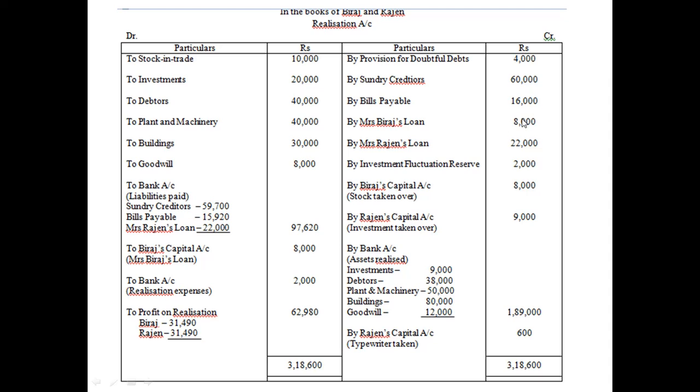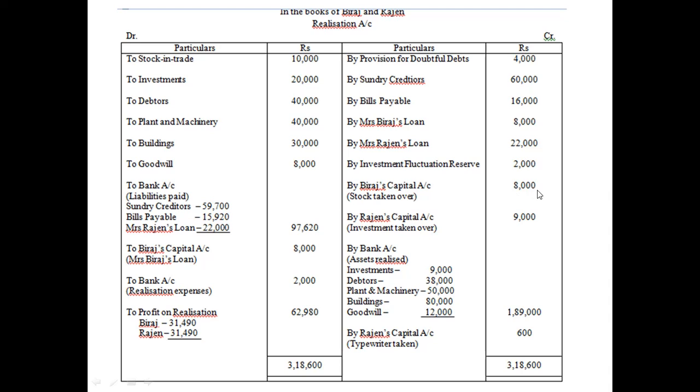This loan was not given to Mr. Biraj alone. It was actually provided to the firm. So when any partner is making payment for such a loan, the firm is liable to make the payment to that particular partner. So we have this kind of consideration here.